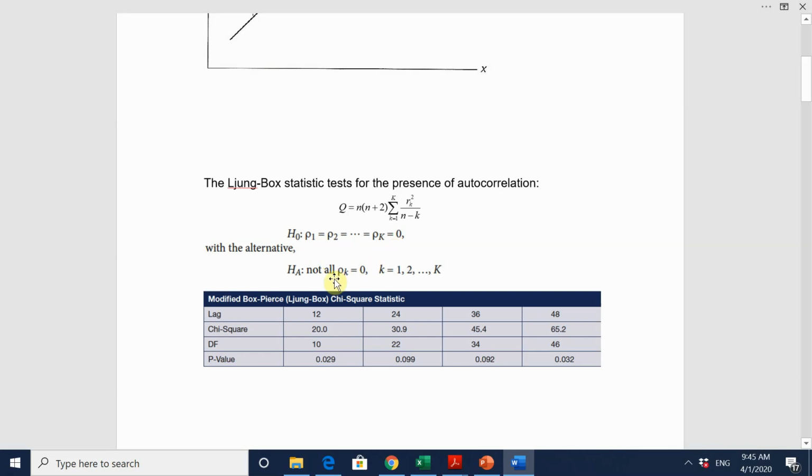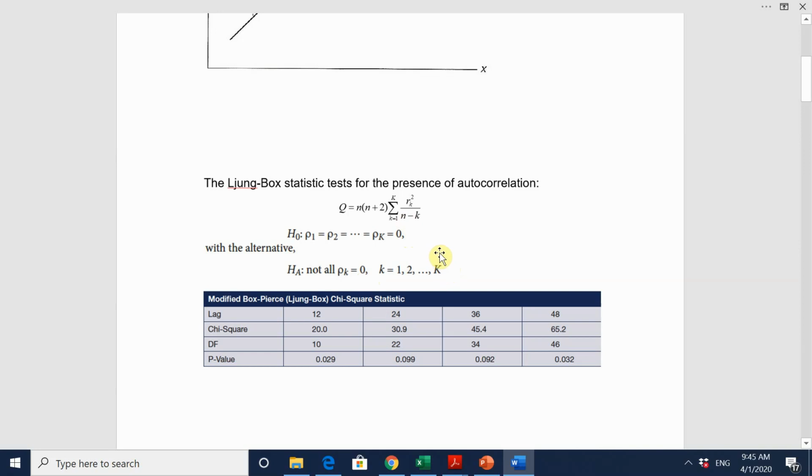And the alternative states otherwise: there is at least one time lag that has autocorrelation. So the null hypothesis says basically that the model is adequate, versus the alternative hypothesis, where we say the model is inadequate. And we test the null hypothesis at a level of significance of alpha.